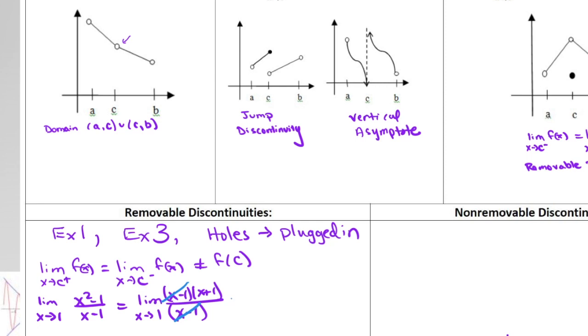And when you remove that discontinuity, you're left with the limit as x goes to 1 of x plus 1. Now we substitute in the value 1 for x, and our limit is 2. So when you first start out substituting, you notice you get a 0 over 0, because of course you're an awesome student and you did that first.